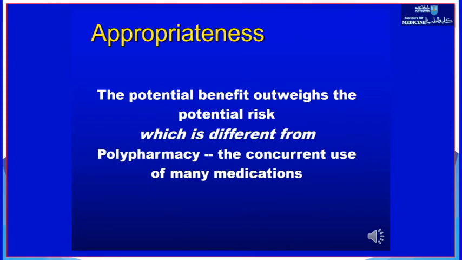Sometimes, however, we are obliged to use these drugs because, as you have seen, the elderly usually have multiple conditions. So perhaps we should now concentrate more on appropriate drug prescription, the appropriateness of using drugs, where the potential benefit outweighs the potential risk. So that is slightly different.